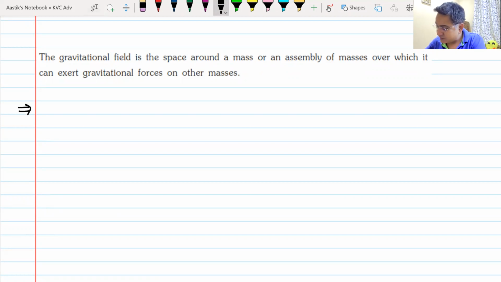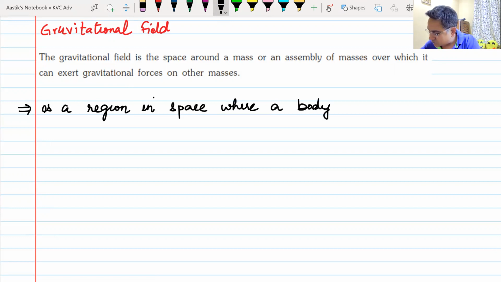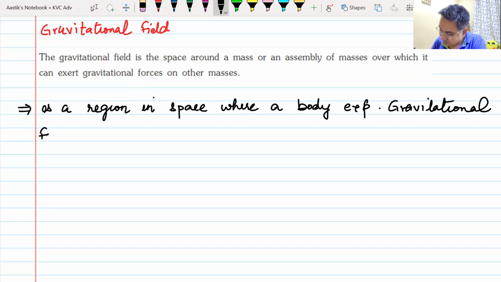If I talk in general and write the heading as gravitational field: gravitational field is a region in space where a body experiences gravitational force because of its mass.